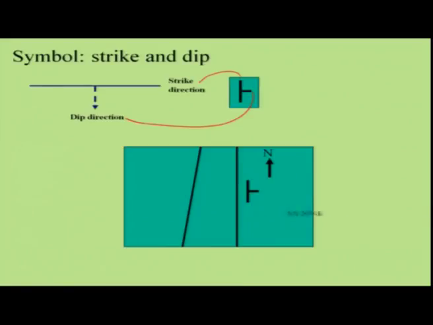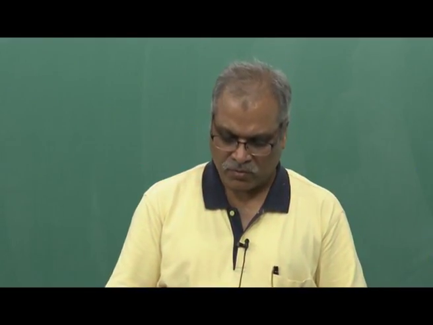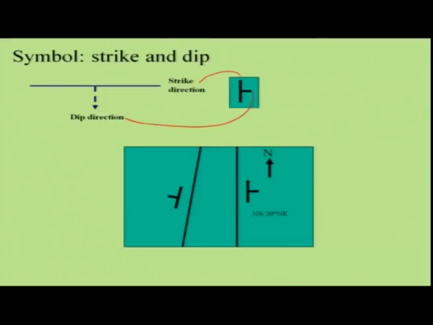Whereas this other one has a slightly different direction. With respect to north, this is almost north-northeast to south-southwest. So this bed has a strike of north-south, and we are having a dip of 20 degrees northeast.